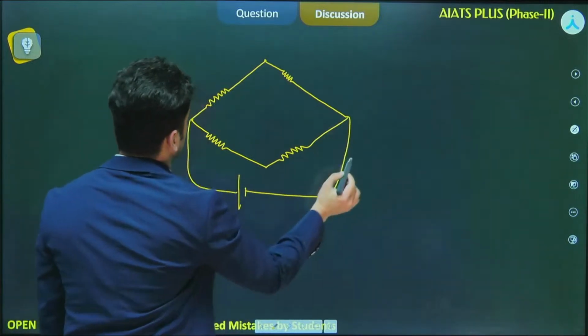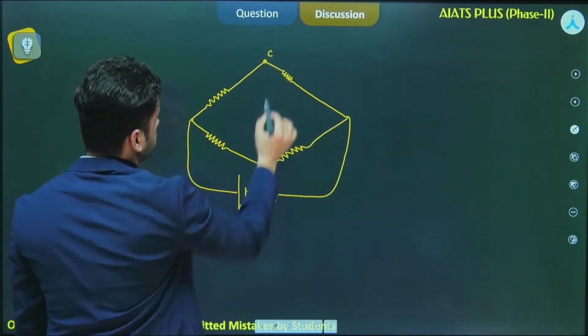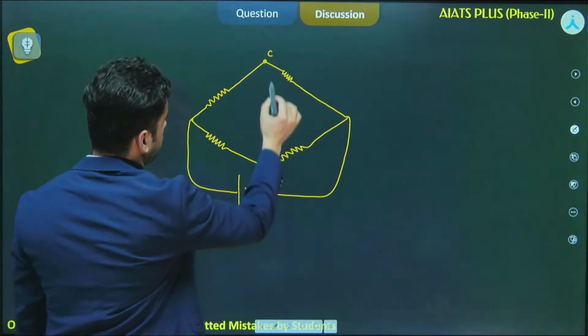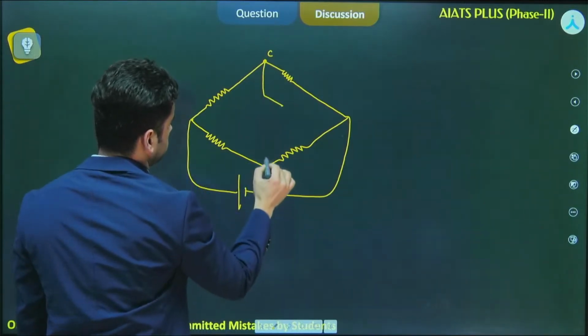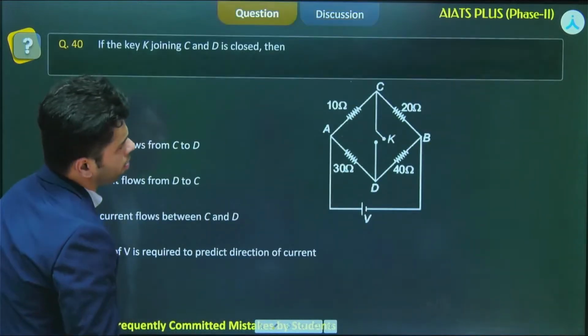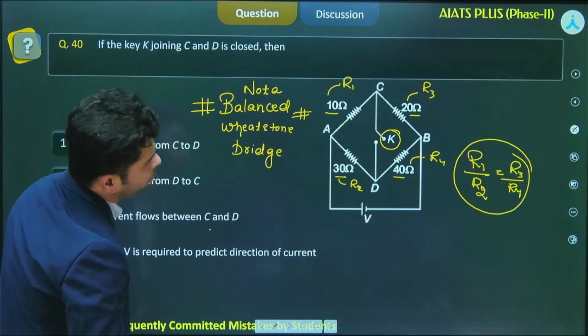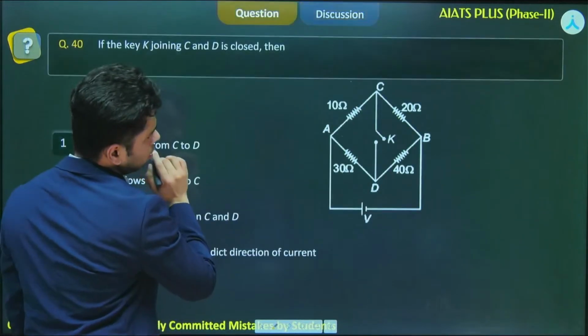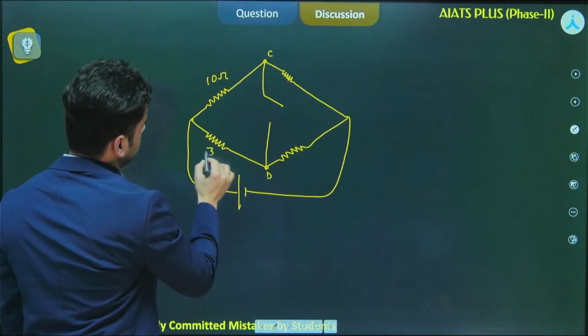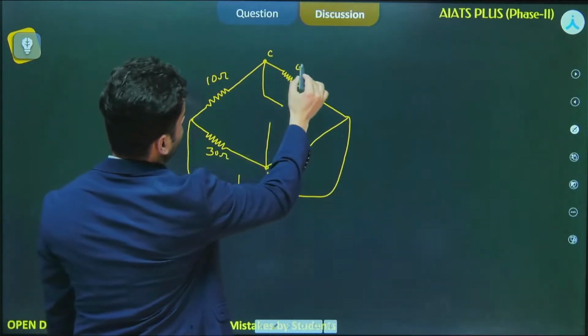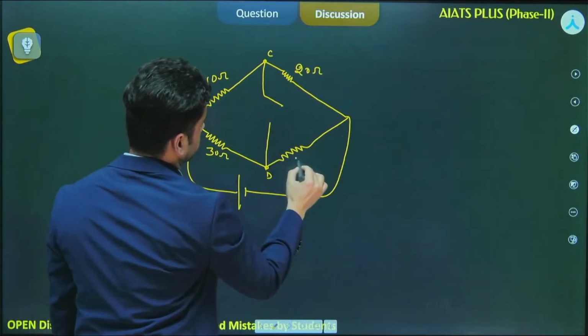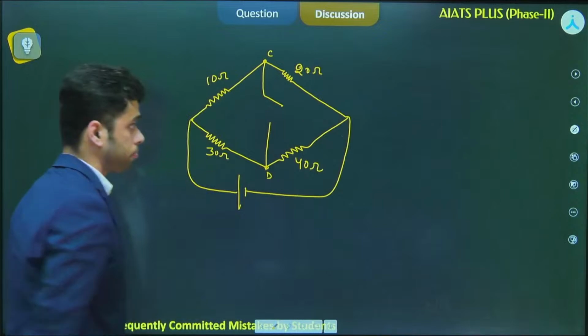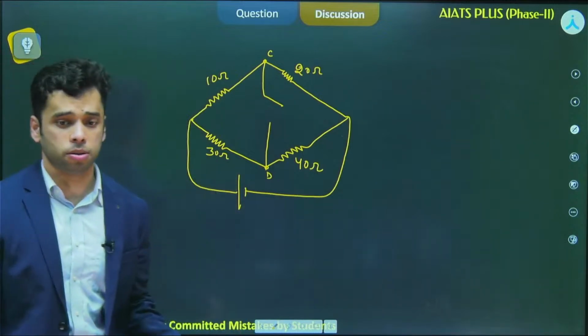This is your point C, this is your point D, here is your key. Let me take the resistors 10, 30, 20, 40. So this one is 10 ohm, this one is 30 ohm, this one is 20 ohm, and this one is 40 ohm. Please ignore the drawing, that is the best I could manage.